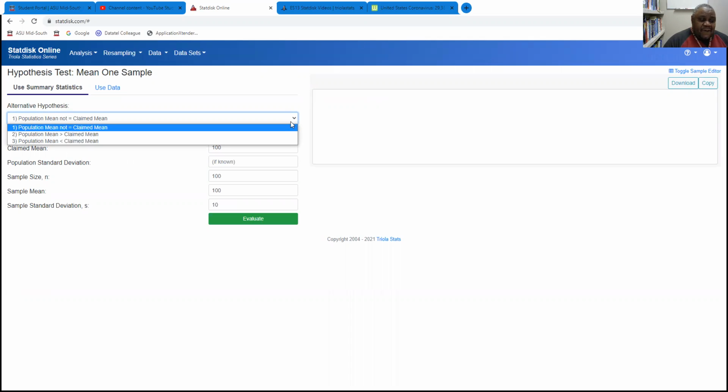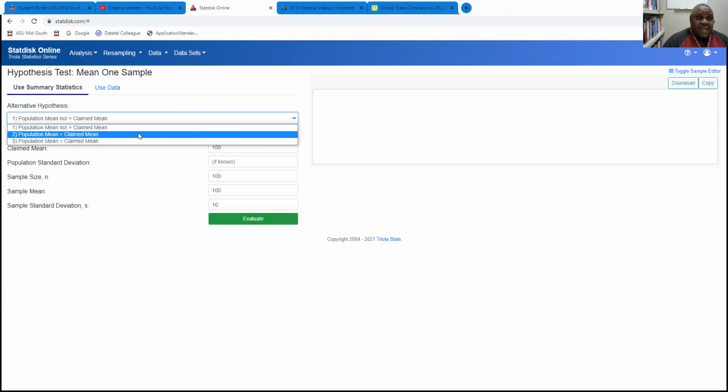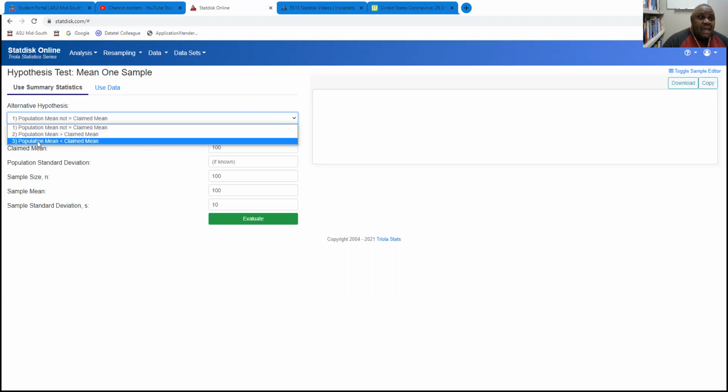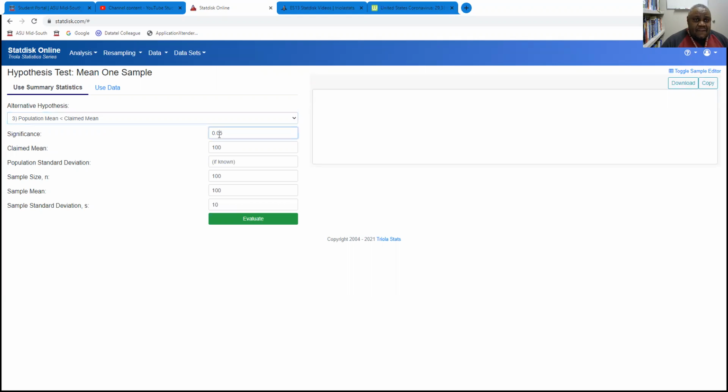We're using a 0.05 significance level to test the claim that the sample is from a population with a mean weight less than. So we have to choose the one that says population mean less than the claimed mean. All right, so our significance level is still going to be 0.05 as indicated in that sample problem. So we don't need to change that.